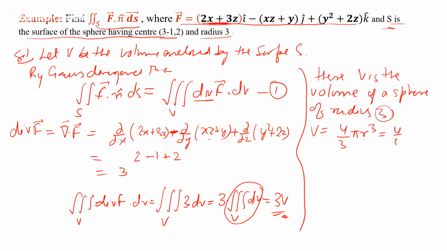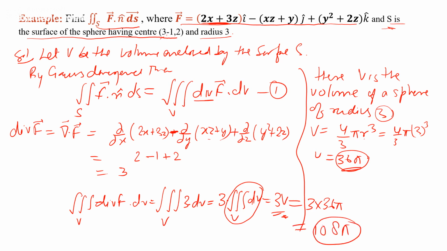So we get 4 by 3 pi 3 cube, which is 36 pi. So 36 pi is the volume. The value of that integral is 3 into 36 pi, that is 108 pi. So the value of that surface integral, with the help of the divergence theorem, we obtain 108 pi. In that way we can use the Gauss divergence theorem.